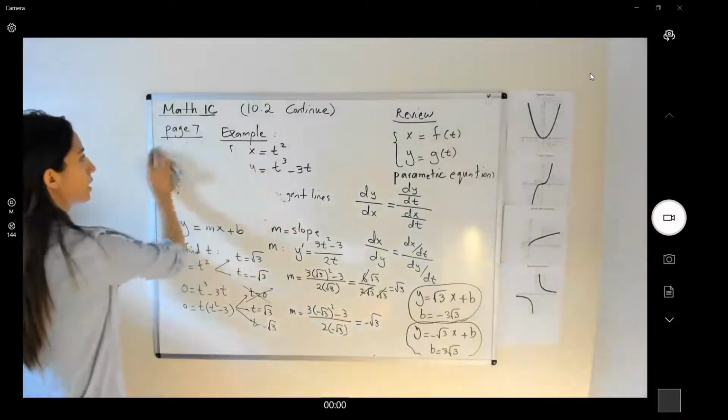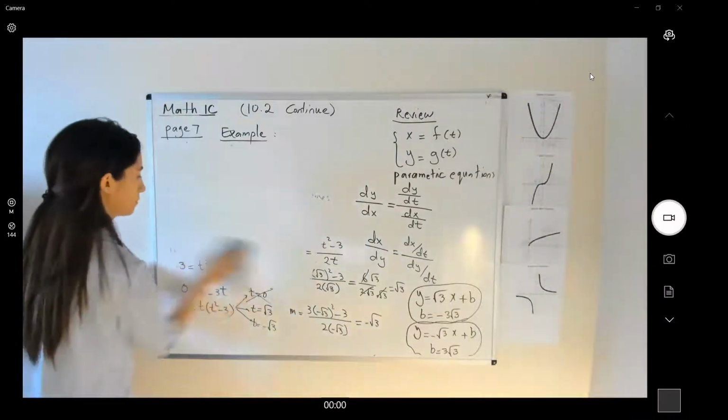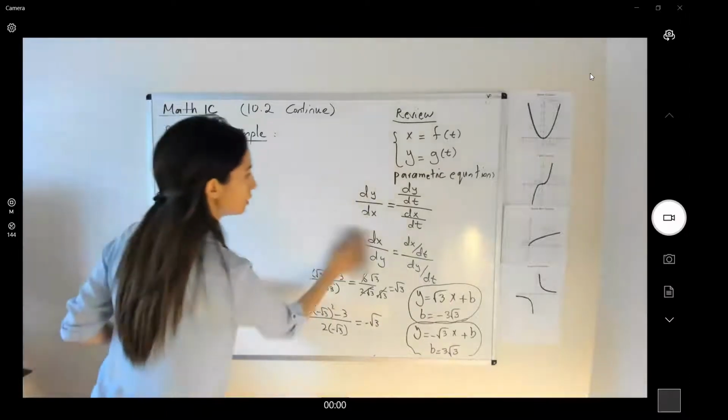We are on page 8. We're going over a new example.